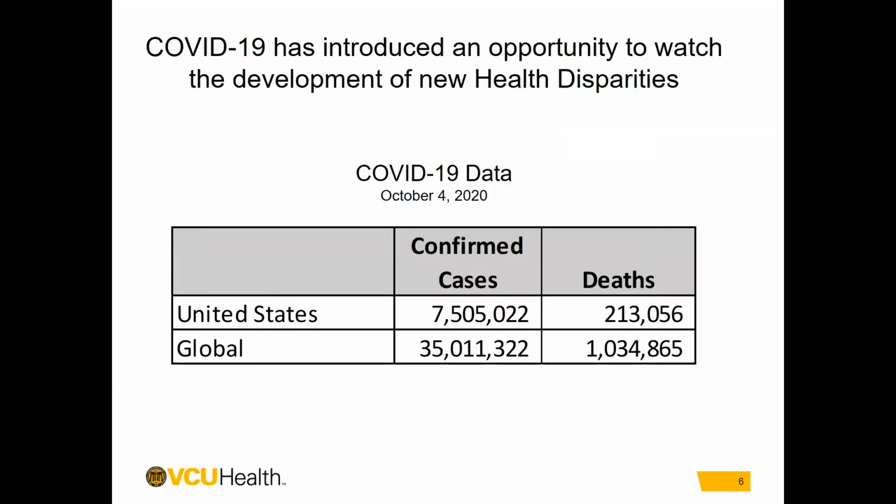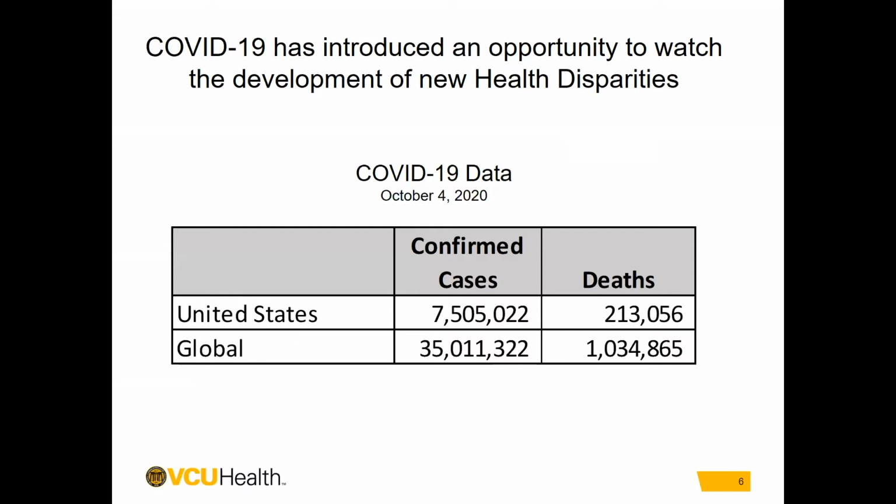So let's shift specifically to COVID-19. This has provided us with an opportunity to really watch the unfolding, or the development, of a new health disparity right before our eyes. So if you think about some of the core data related to COVID-19, globally, there are over 35 million cases and over 1 million deaths.